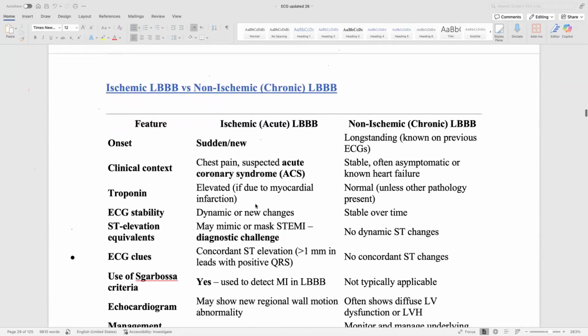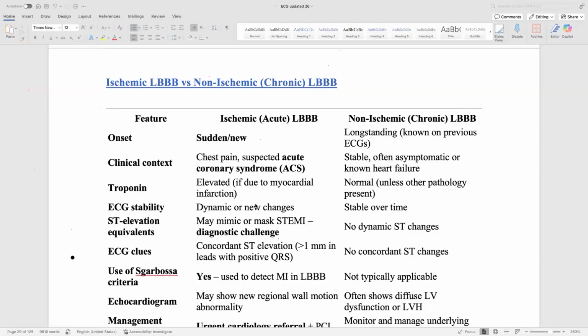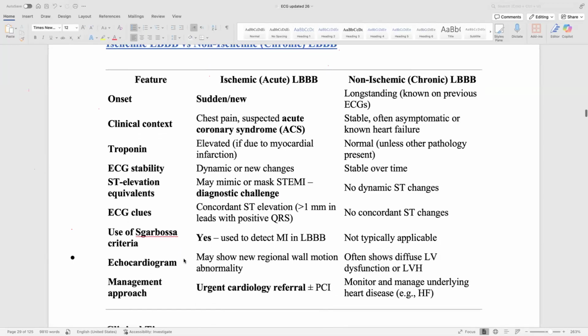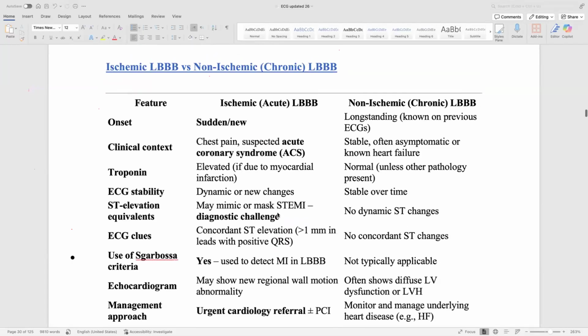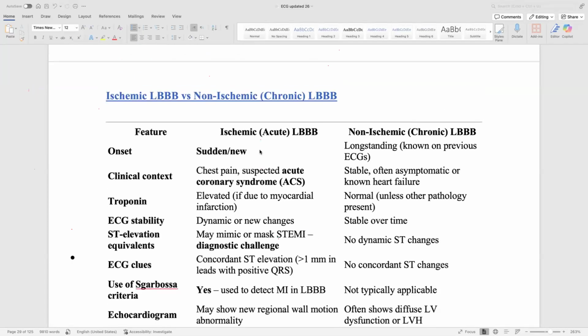This is a high level differentiation between ischemic and non-ischemic left bundle branch block. We usually use the Sgarbossa criteria, but the details are not important for you. You can also differentiate it from the history.